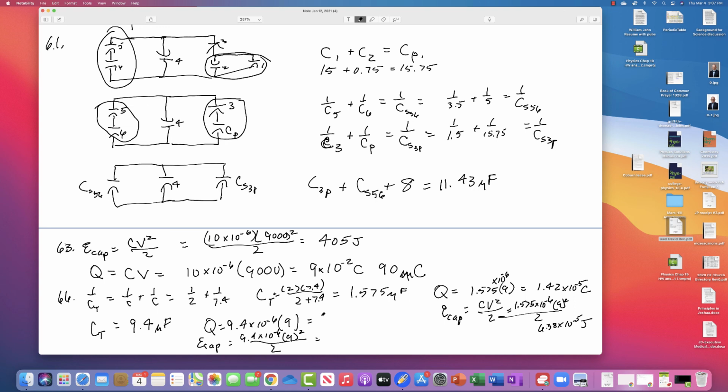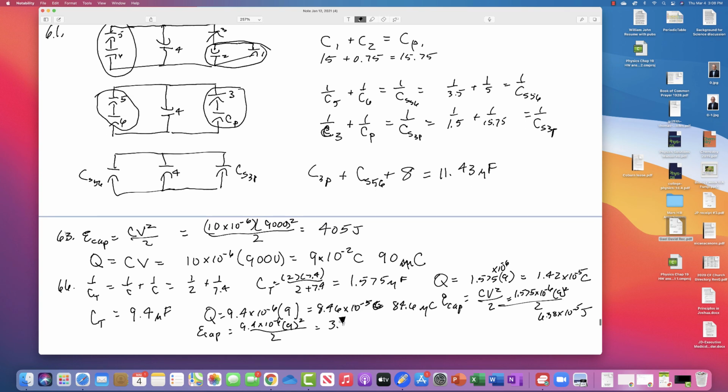This is going to be 8.46 times 10 to the minus 5 coulombs, or 84.6 microcoulombs. And this one, 3.81 times 10 to the minus 4 joules.